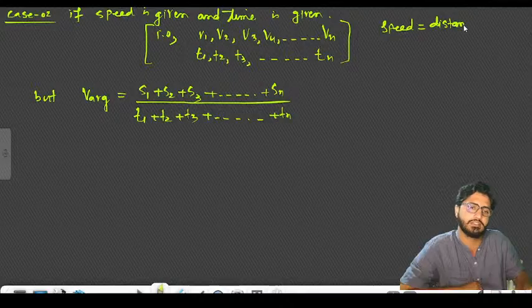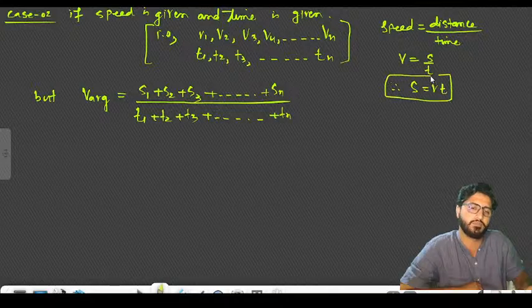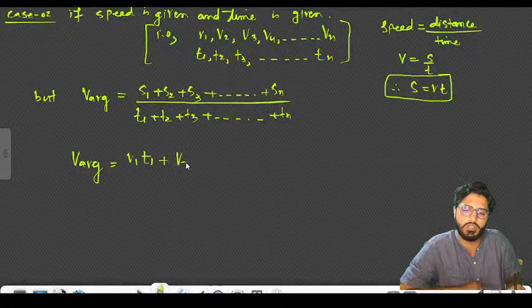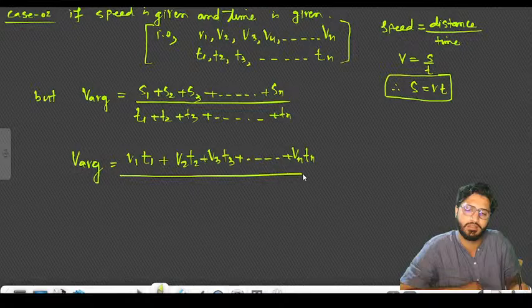Speed is V, distance is S, time is T. Therefore, I can write S equals V multiplied by T. So I can write V average equals S1 is V1 T1, S2 is V2 T2, S3 is V3 T3, up to Vn Tn, whole divided by T1 plus T2 plus T3 up to Tn.